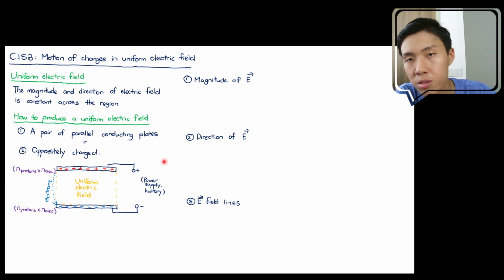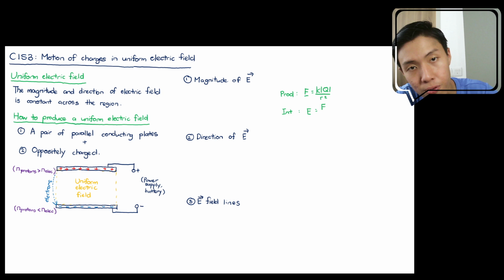Last time we learned about the magnitude of electric field. You can use equations like E = kQ/r². You learned about this produce equation, right? And then you also learned about the interact equation, E = F/q.